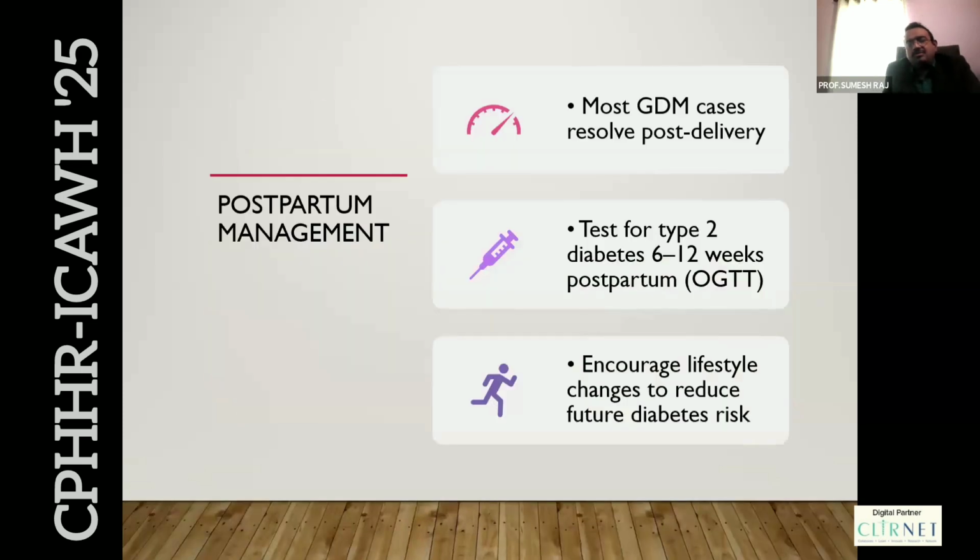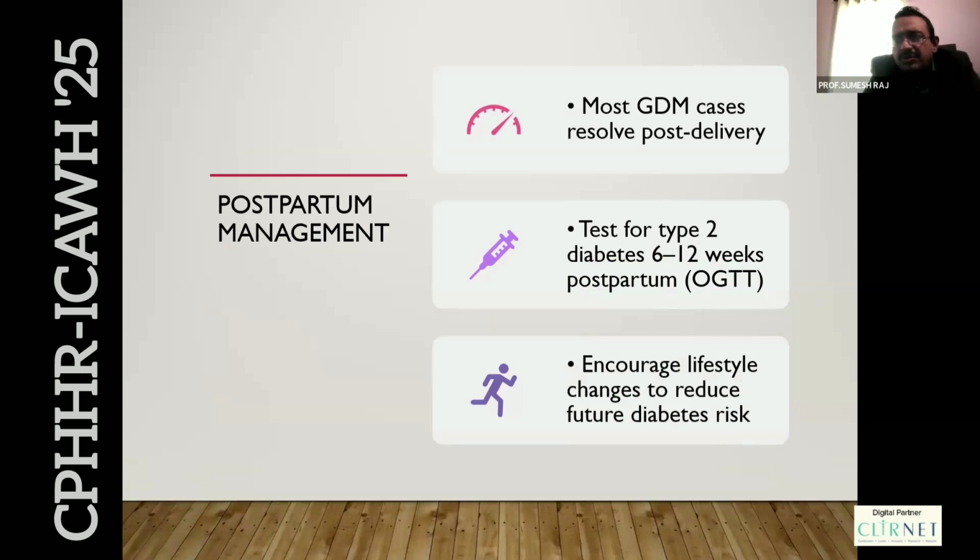Now, what is the management to be continued after delivery, that is immediately after delivery and later? Most of the GDM cases resolve post delivery. You can slowly withdraw the insulin. Sometimes it has to be withdrawn abruptly if the patient develops hypoglycemia. And then the OADs can also be withdrawn.